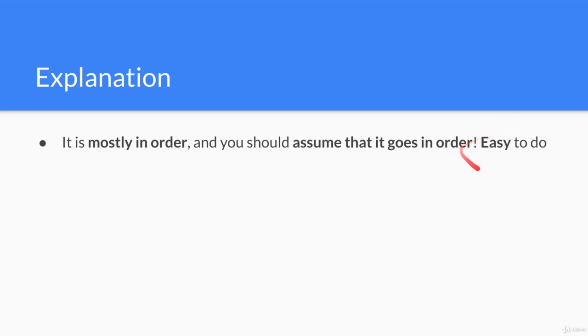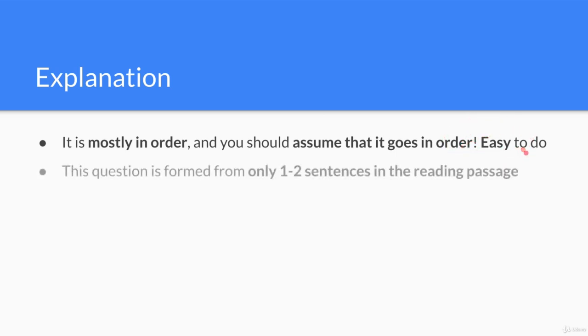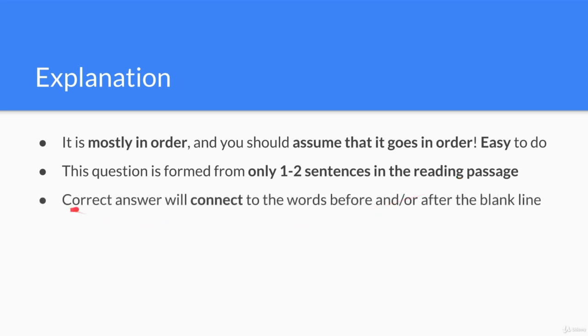And as mentioned before, these questions are pretty easy to do. As with the rest of the questions that you've seen so far, this question is also formed from only 1 to 2 sentences in the reading passage. Now the correct answer, just like in the fill-in-the-blank questions, is going to connect to the words that come before the blank line and or after the blank line.